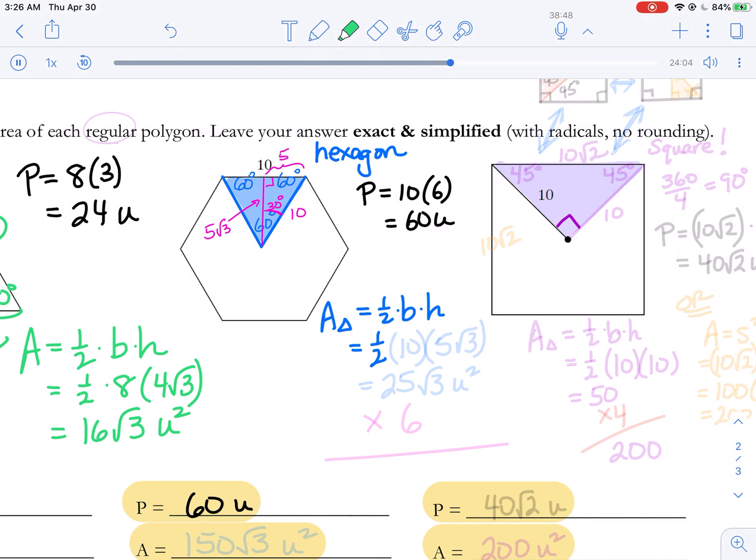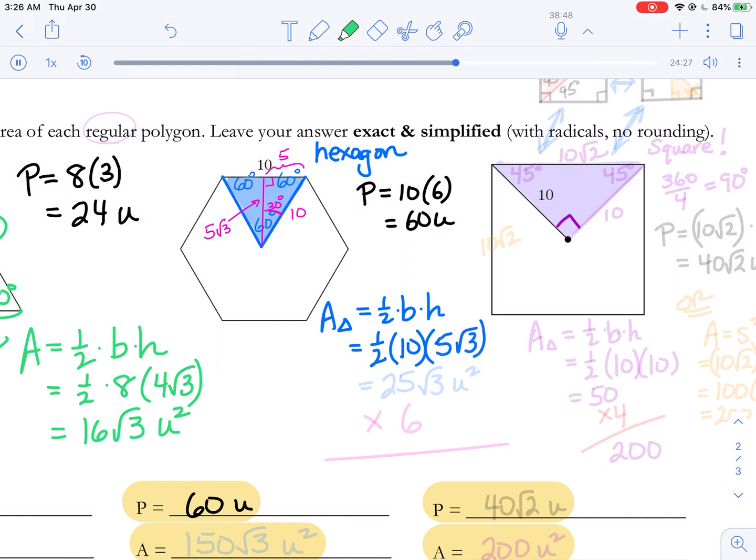Jonathan, what should we use for the base? The triangle. The blue one. Yeah. What number should we use for the base? 10? And what's the height? 5 root 3.